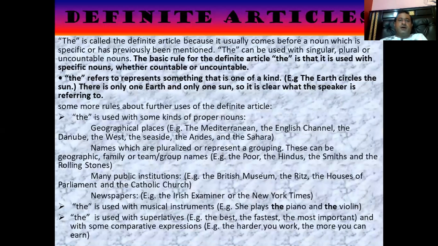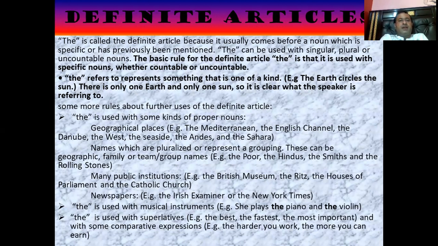So the is the definite article because it usually comes before a noun which is specific or has been previously mentioned. The can be used with singular, plural or uncountable nouns. The basic rule for the definite article the is that it is used with a specific noun, whether countable or uncountable.